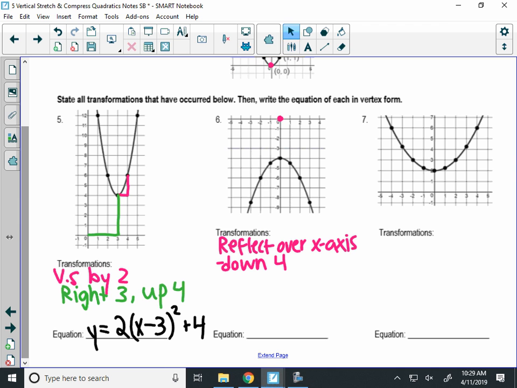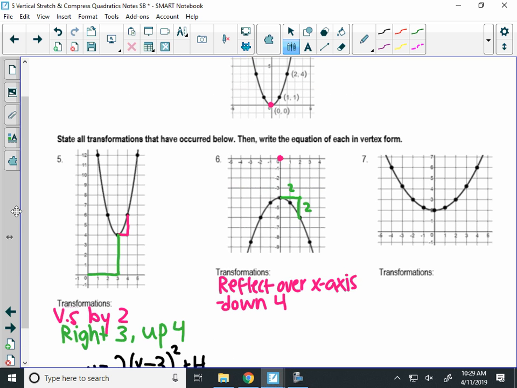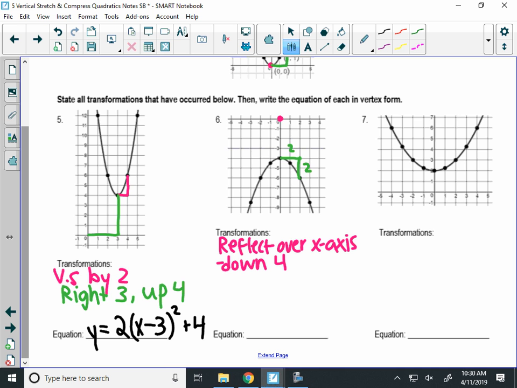So if I go out 1 from the vertex, I have to go down something. I can't tell because it's a fraction there. So I'll go out to the second point. Out 2, down 2. Well, normally when we go out 2, we go up 4. 2 is half of 4, so this is a vertical compression by 1/2.